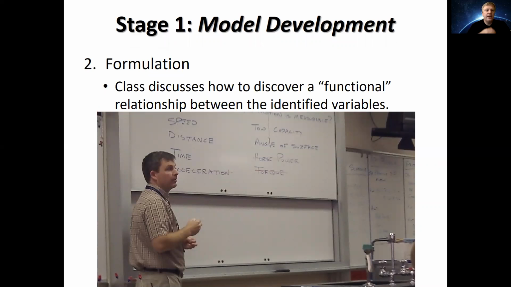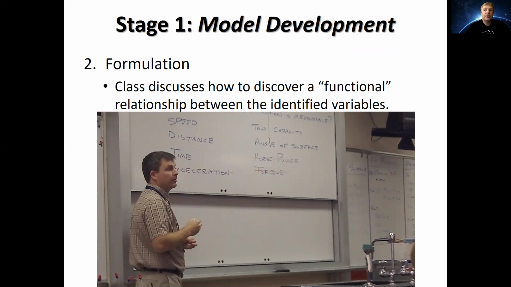And so you'll see on the board behind me examples of things that the kids, and again, this is all coming from the students, suggest would be measurable. So speed, distance, time, acceleration, tow capacity, the angle of the surface, the horsepower of the buggy, and all these different things. And it's very important in this initial phase that there is no wrong answer, that anything that's suggested goes up on the board, okay?